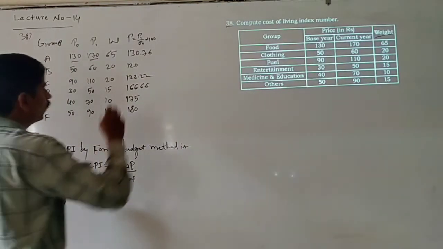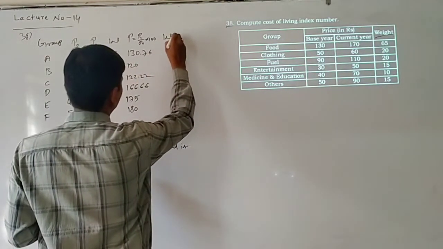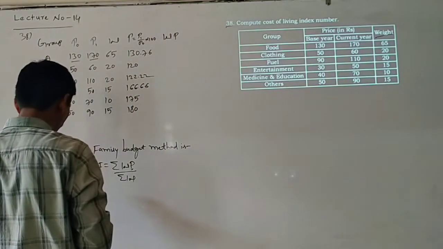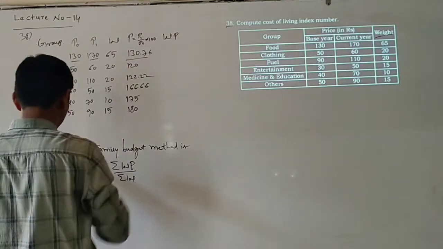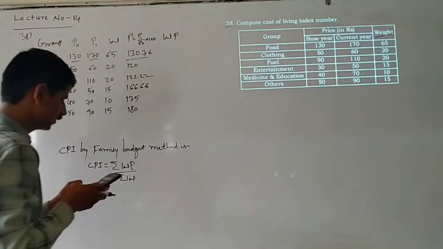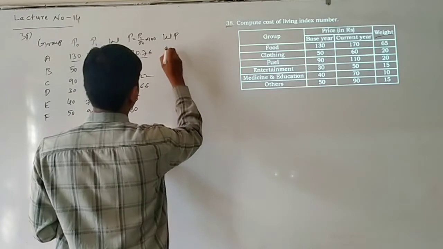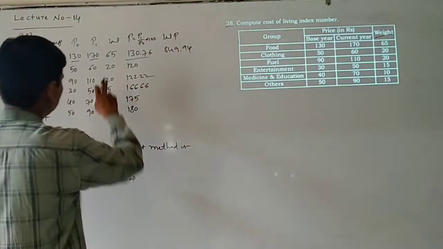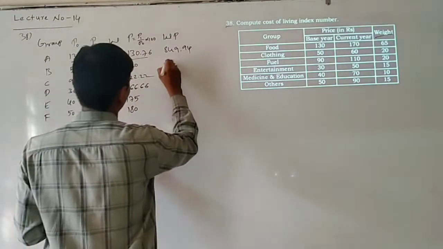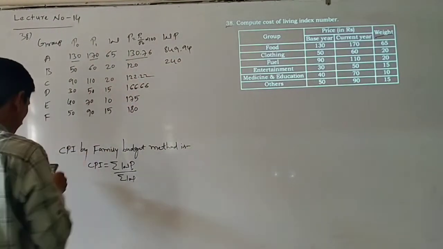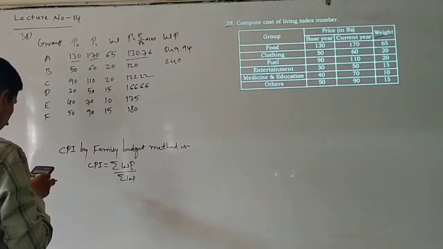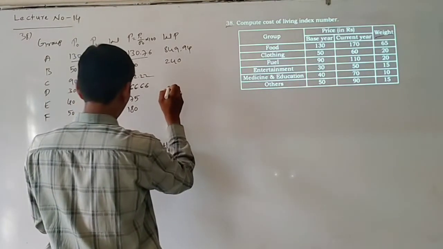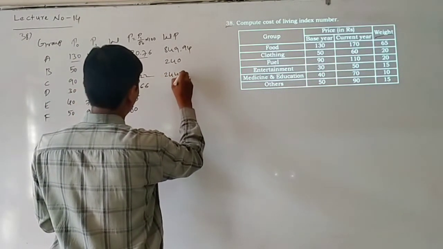Here you have to multiply W into P, that is this into this. That is 65 into 130.76 is 849.94. Next, 20 into 120 is 2400. Next, 20 into 122.22 is 2444.4.